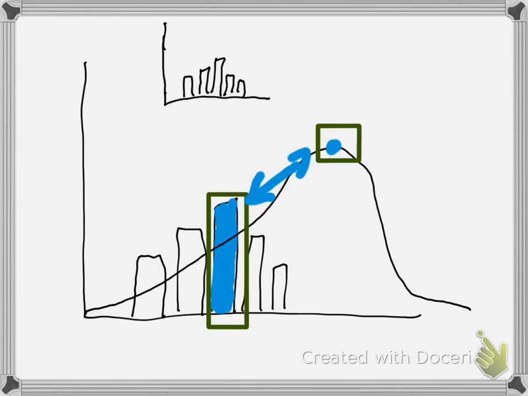Let's make it much closer. Do you see that the peak in this one is much closer to the previous one? So what's the difference? Why is there a difference?